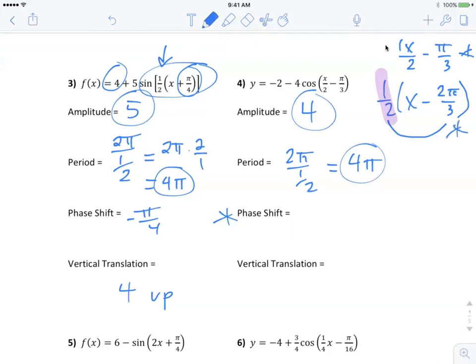We've done all this work. We've got the phase shift. It's 2 pi over 3 to the right. Right? Because it's a minus sign, so it's to the right. And then vertical translation, that's that number, -2, or you could just say 2 down. Okay, there we go. All right.